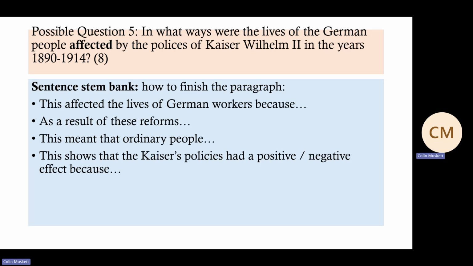How is it answering the question? And that can turn an explanation which is implicit, capped at level 2, into a developed explanation which is explicit, which can then move into level 3 of the mark scheme.